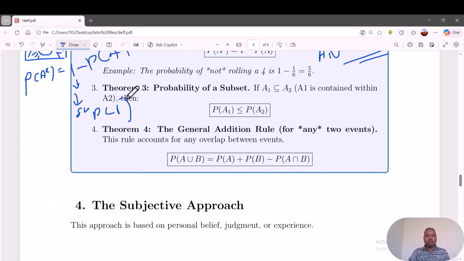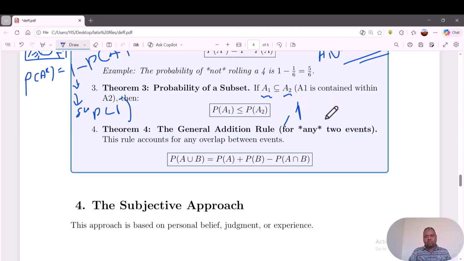And under theorem 3, probability of a subset: if A1 is a subset of A2, that is, A1 is contained within A2, then the probability of event A1 is less than or equal to the probability of A2, because probability is defined based on the number of occurrences of the events, right?